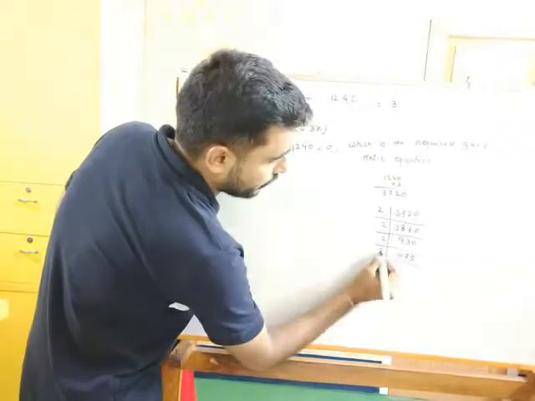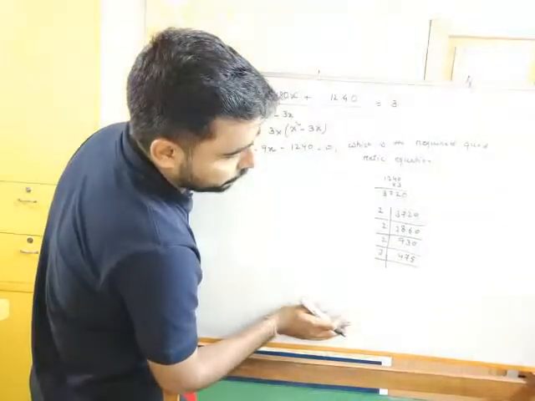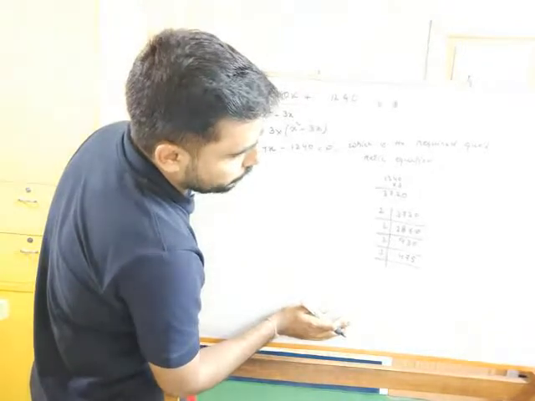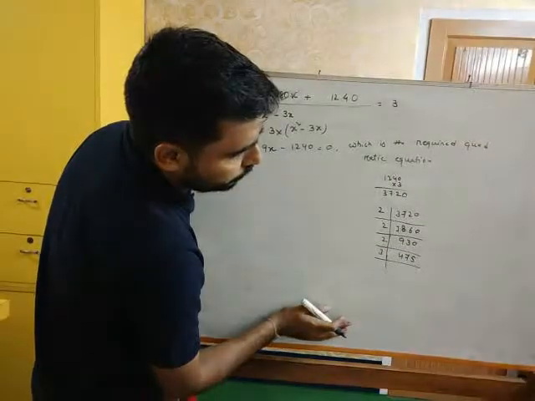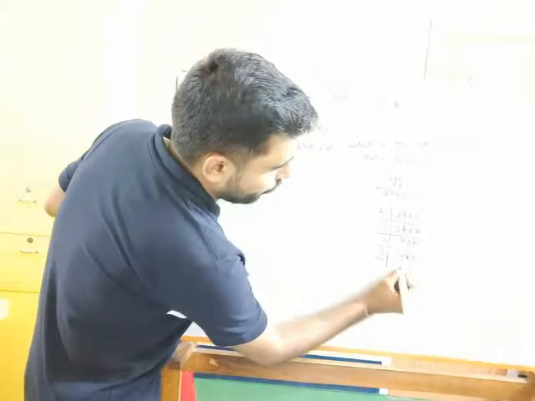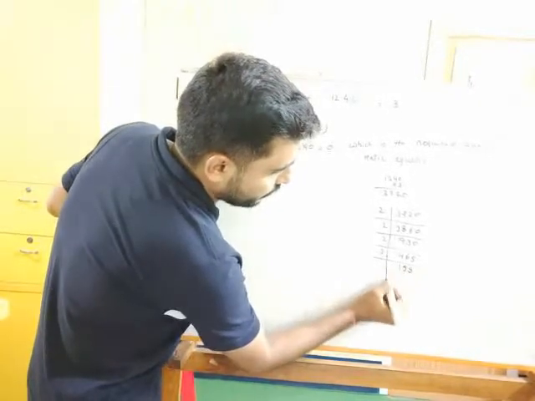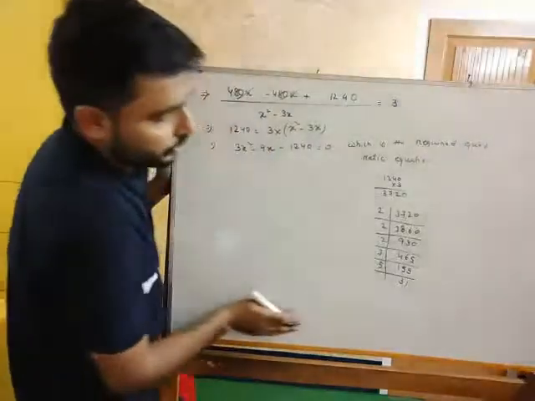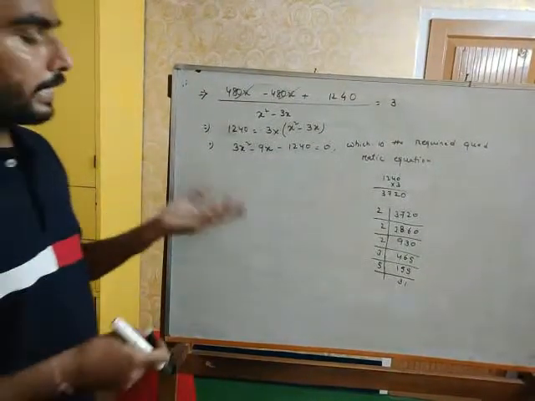In the table of 3, it will be 155. In the table of 5, 31 times. Okay, so now you need to subtract the factors to get 9.